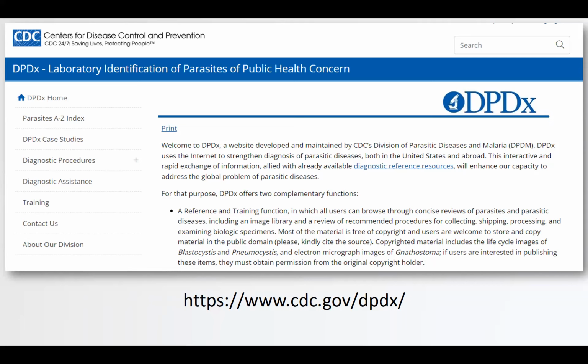It gives you the life cycle, gives you the symptoms, it gives you pictures, it gives you diagnostic information about the level you want to have. It's not textbooks. It's not 50 pages on Giardia. It's like 2 pages on Giardia. So that's a great website to use as a reference for any parasitic infections.